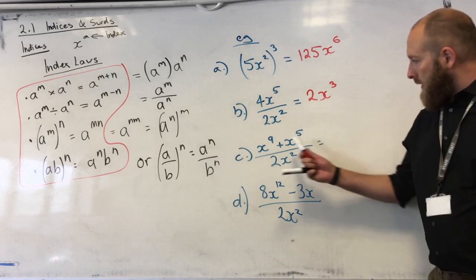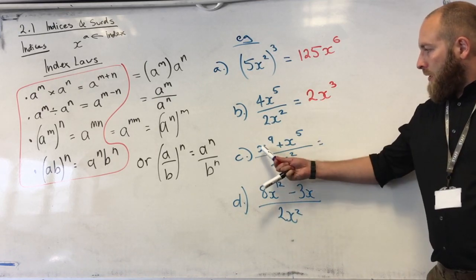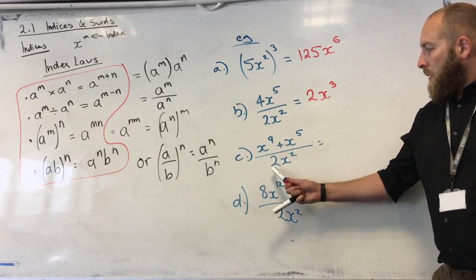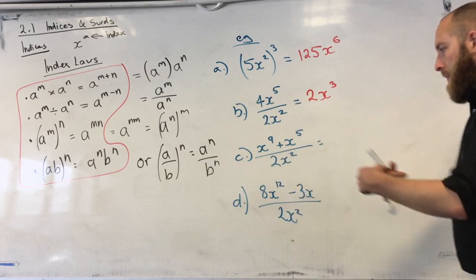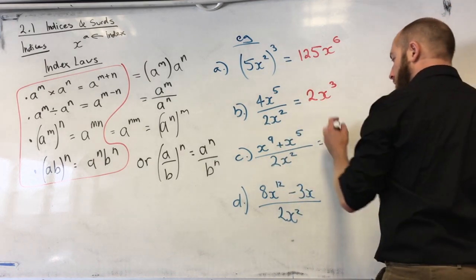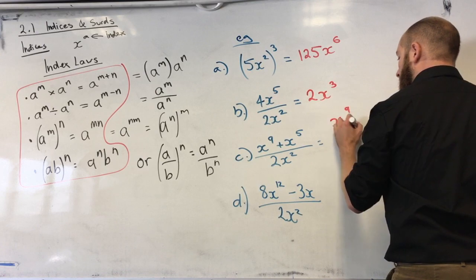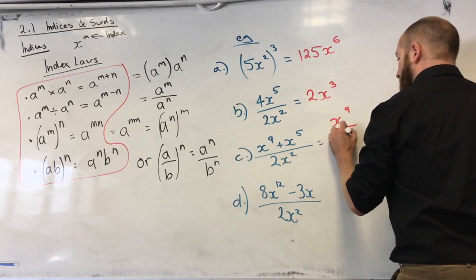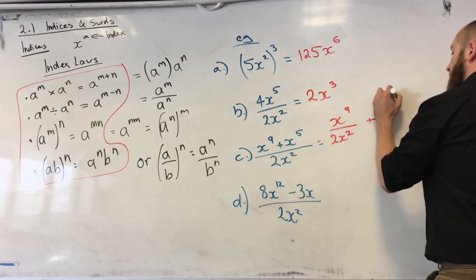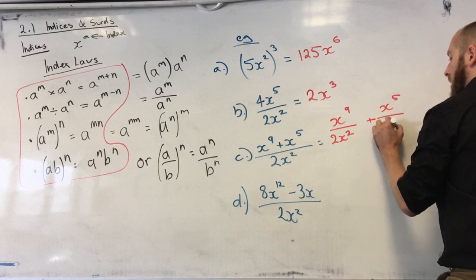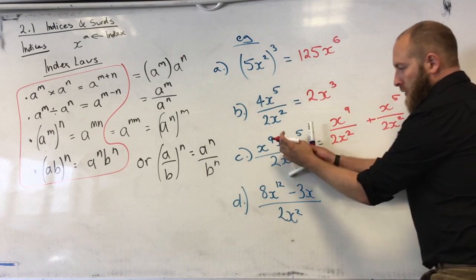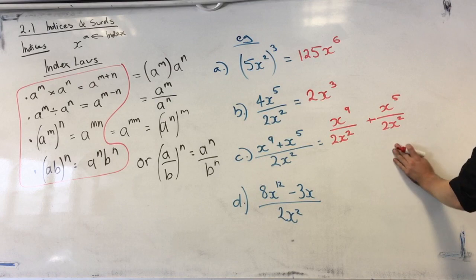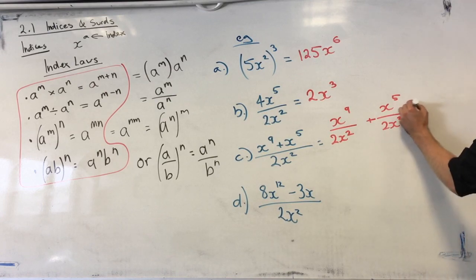3. Next one, slightly harder, because we've got 2 terms, but we're going to divide each of these terms by 2x squared. So first step, I'm going to split this up into 2 fractions. So x to the 9 over 2x squared plus x to the 5 over 2x squared. So I've pulled it apart into 2 fractions with the same denominator. Now we can simplify them.